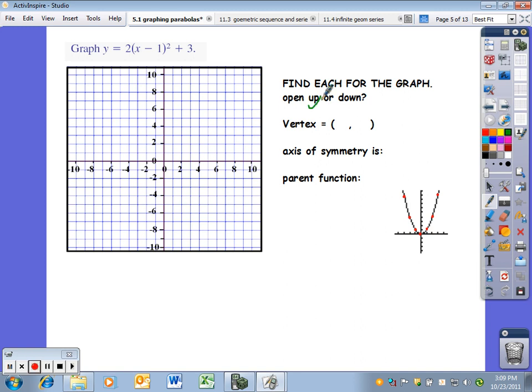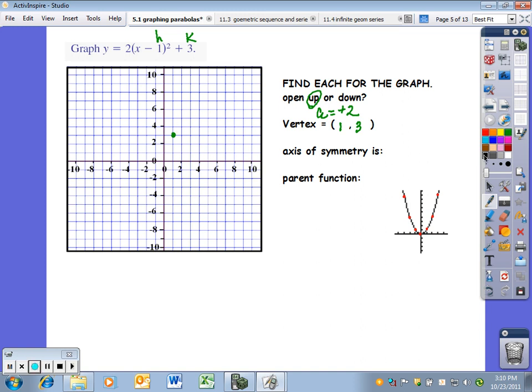It will open up because a is a positive 2. What is the vertex? In this form, what is h and k? H is 1 and k is 3. So plot the vertex (1, 3). Right 1, up 3 would be my transformation.